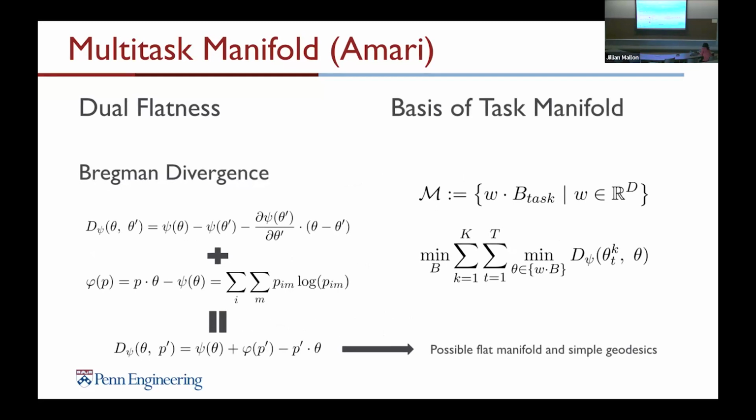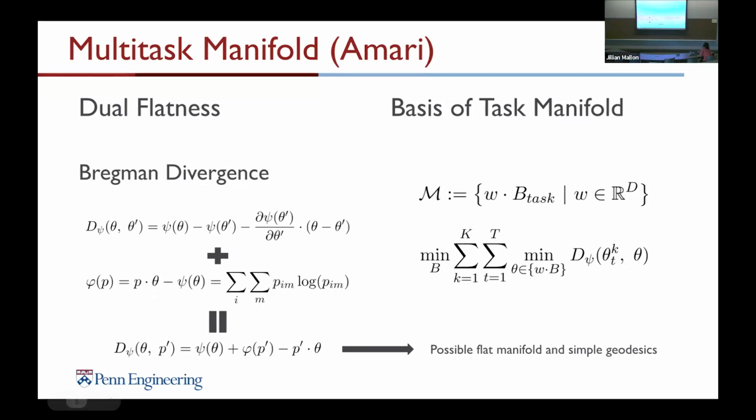However, we can introduce a dual function of phi, taking p, which is p log p of the m coordinates over the summation of the m coordinates. Combining the dual function into the Bregman divergence, we get a dualistic version of the Bregman divergence.